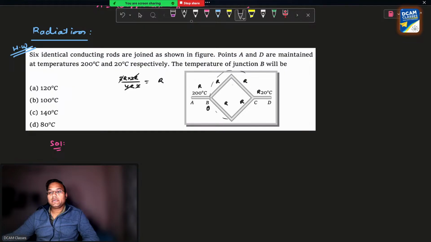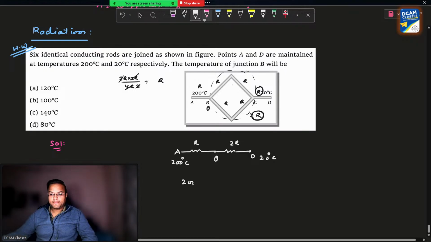Now this setup has become resistance R. This is also a resistance R, so it becomes 2R. So my new setup will become A, which is at 200 degrees Celsius, then theta, then 2R, and D, which is at 20 degrees Celsius. (200 minus theta) by R is equal to (theta minus 20) by 2R.